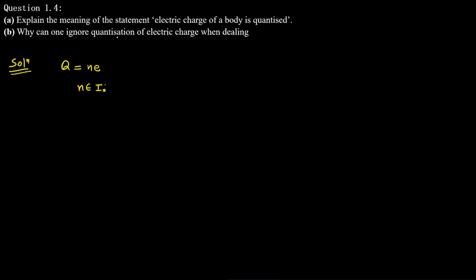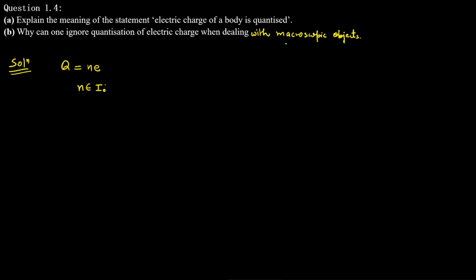Then why can one ignore quantization of electric charge when dealing with macroscopic objects? So if we talk about macroscopic objects, the charge on a single particle is very small, you can say microscopic.